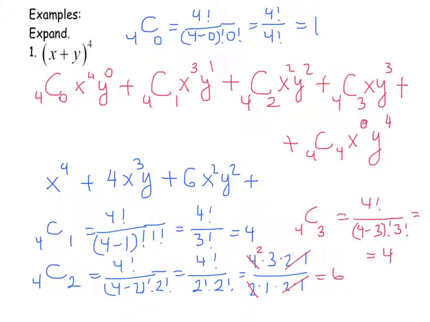So my next term is going to be 4 times x times y to the third power. And the last term, which is combination of 4 choose 4, is going to have the same value as the first one. So the value of this is 1. So my last term is going to be plus y to the fourth power.